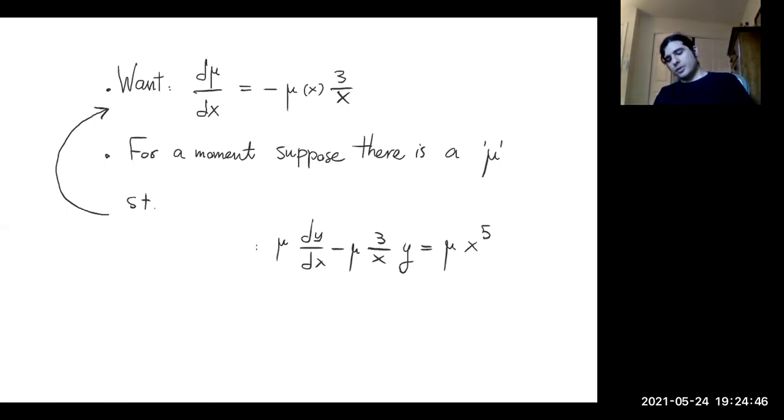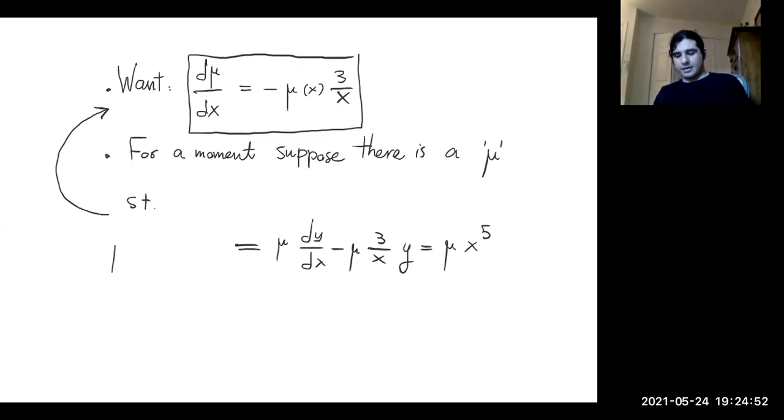So if mu satisfies this equation, it means the left-hand side is equal to mu dy dx, and then minus mu 3 over x is just d mu dx times y, which by product rule, we know is the derivative of mu times y with respect to x.